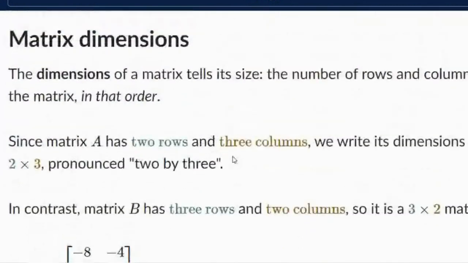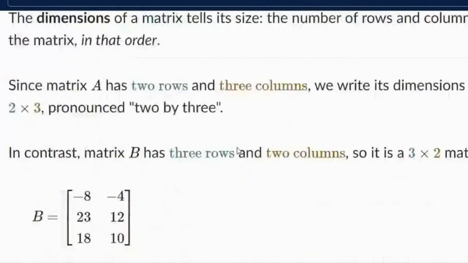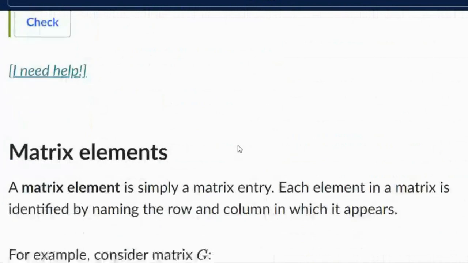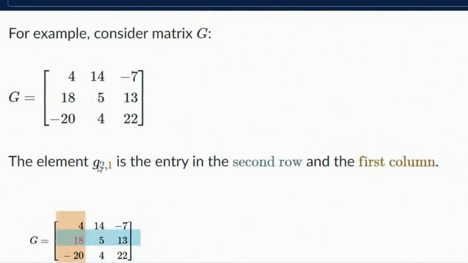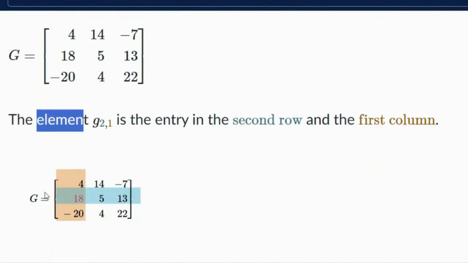All right, matrix dimensions. Now I gotta get back down where we were. Can you see right here? It says the element, and then right after that has G 2, 1. That means it's looking in matrix G for the second row and the first column.